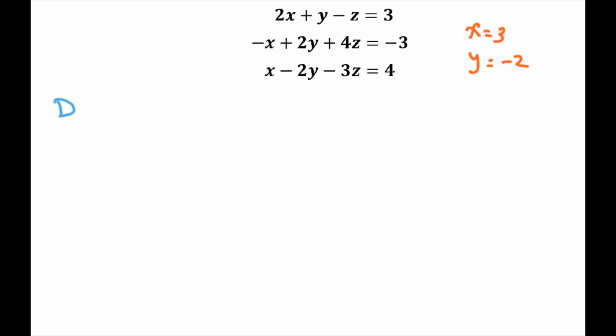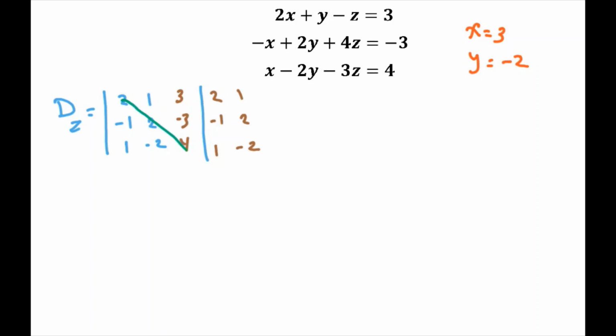We will do the same thing to find dz. We're going to erase z column, replace it by the constants, copy the first two columns out, and cross.